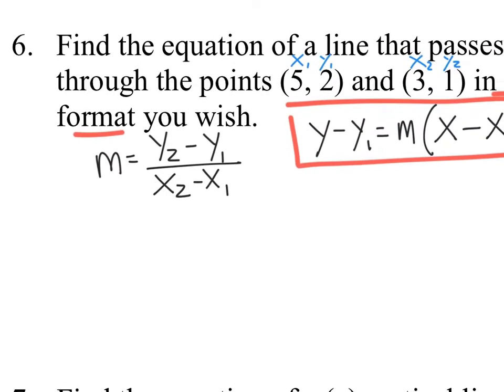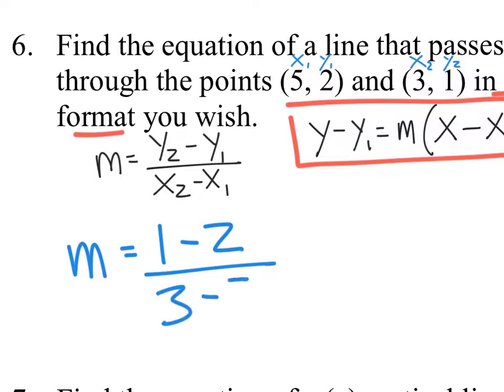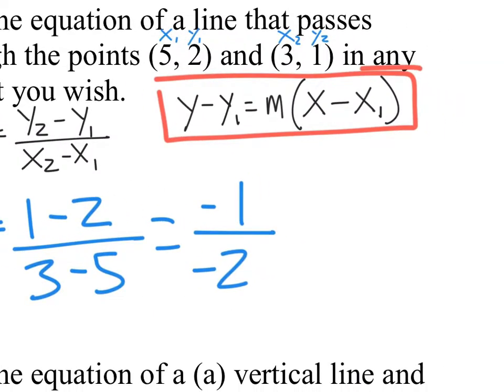And I know that it's going to be slope, m equals, well, what's y2? 1 minus 2. Beautiful. And then 3 minus 5. 1 minus 2 is going to be negative 1, and then 3 minus 5 is going to be negative 2. The negatives, of course, cancel out, so that m equals 1/2.